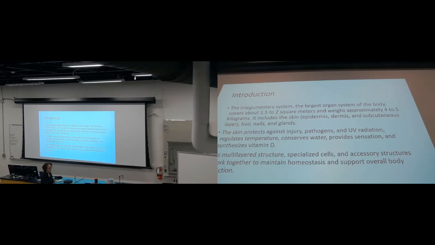In the skin, we have several receptors that help to give sensation. So we can tell if an object is hot, if it's cold, if a texture is smooth, if it's rough. And then we have receptors for pain, which are the nociceptors. So if something is activating these receptors, you have the sensation of pain.